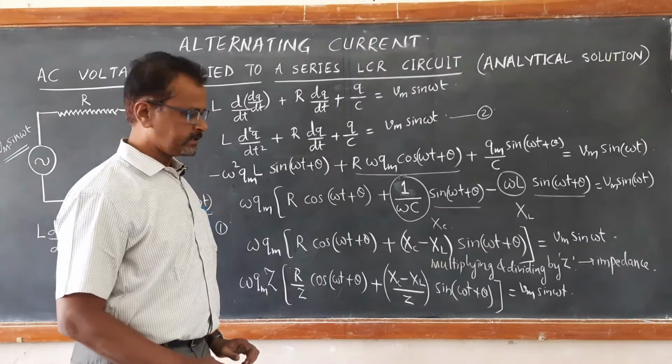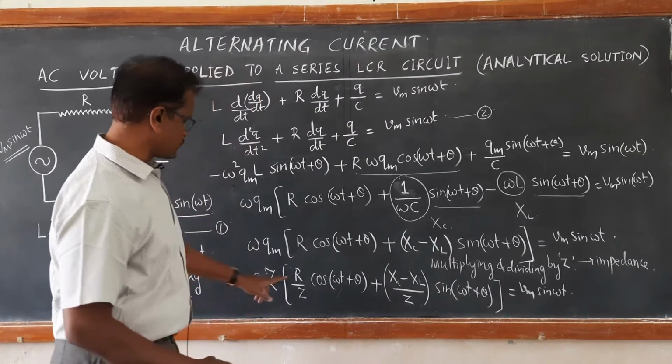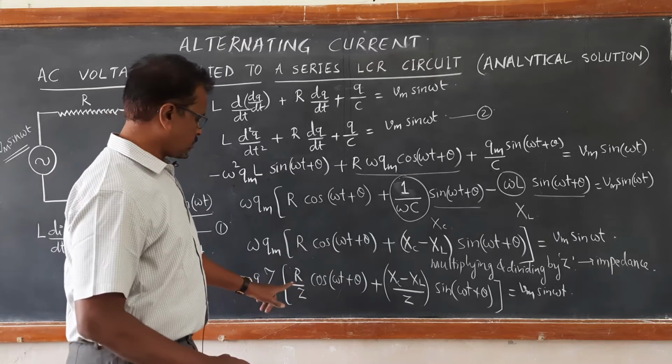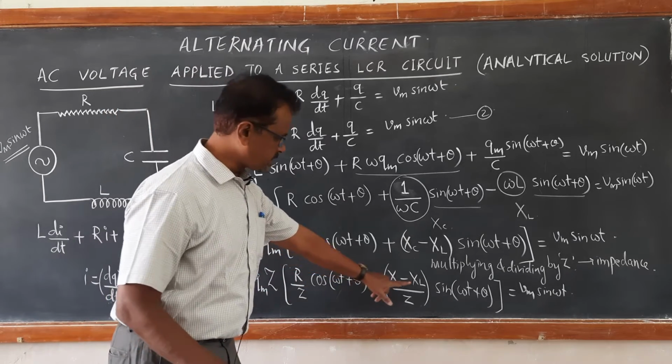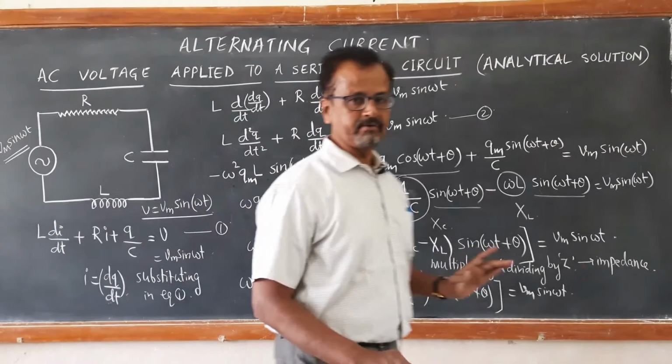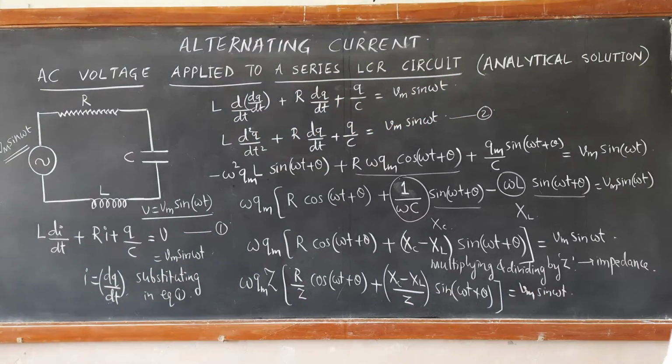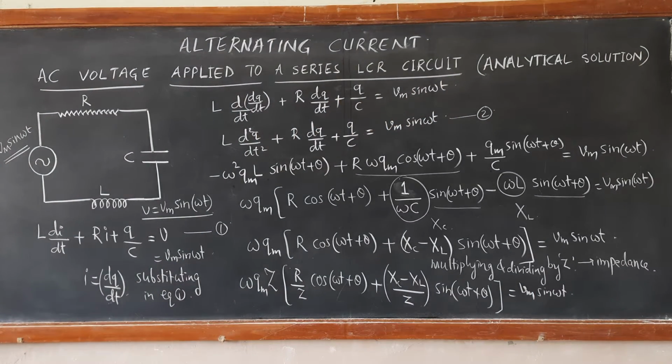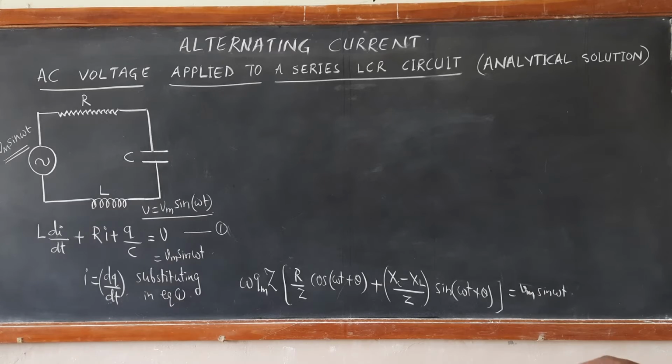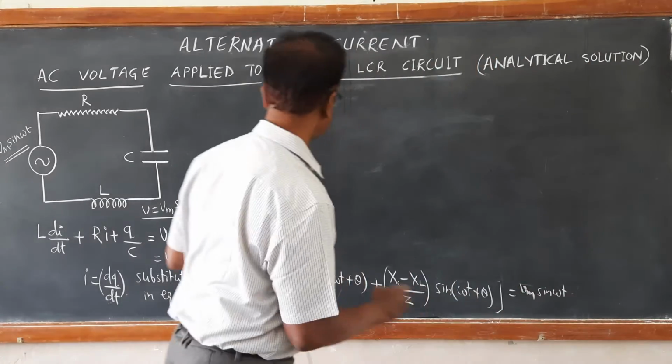So R by Z is cos phi, (XC minus XL) by Z is sin phi, where phi is the phase.